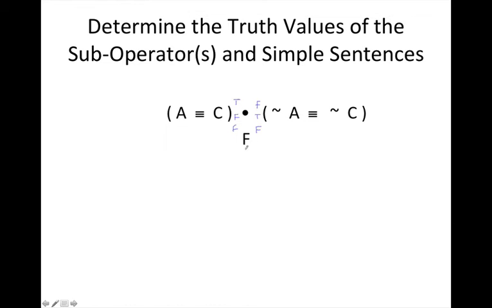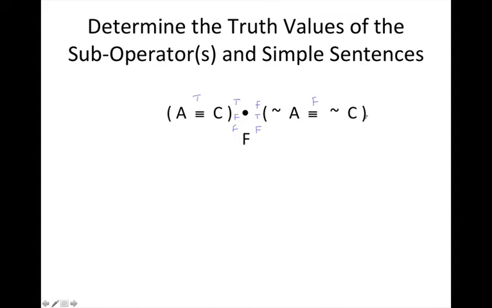We also can say that if the dot is false and this triple bar is true and this triple bar is false, then we're going to have to come up with different values. But notice that we've got A, C, and tilde A, tilde C.